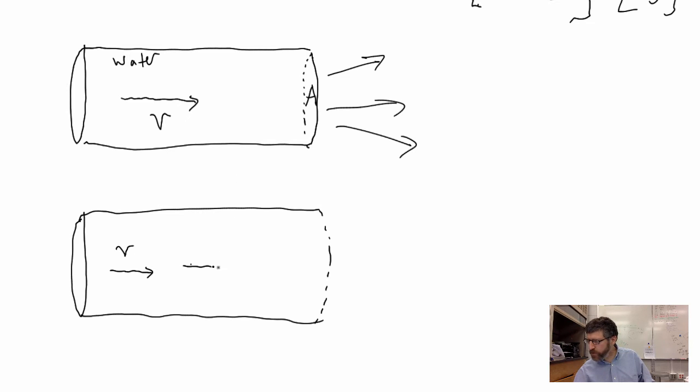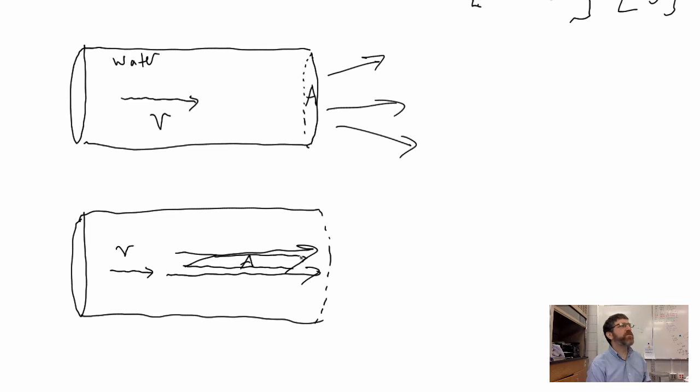In fact, what if the screen was like this, exactly parallel to the water velocity? How much water would actually go through that screen? Hint, here's the path of the water. How much water goes through that screen of area A? No water is going through that screen.